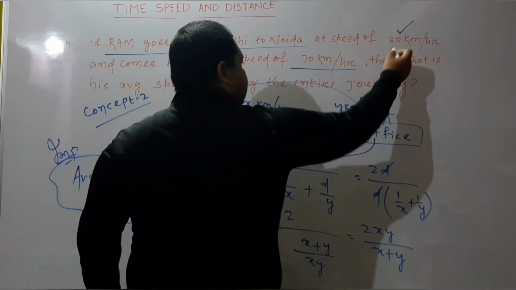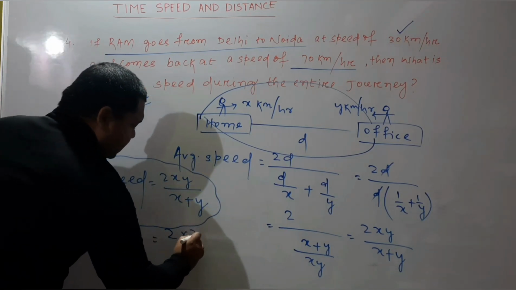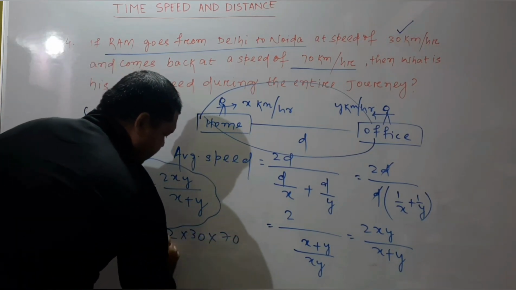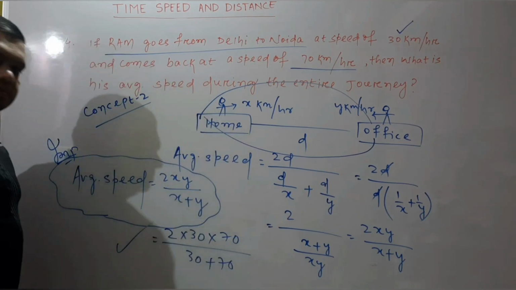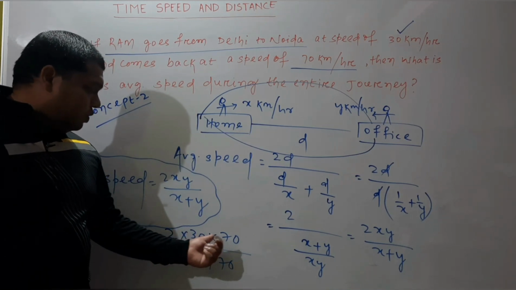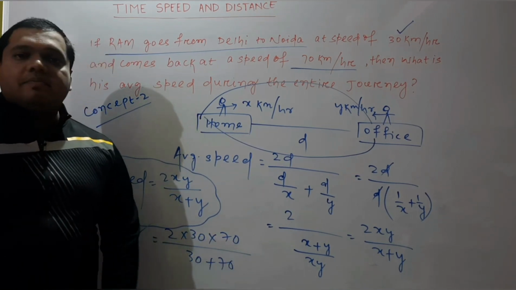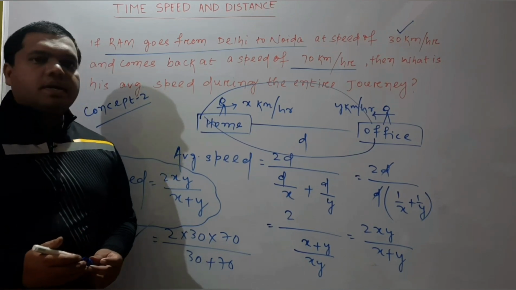This speed is 30, this speed is 70. So your answer is 2 into 30 into 70 divided by 30 plus 70. Clear? Directly you can apply this. Okay? Thank you.